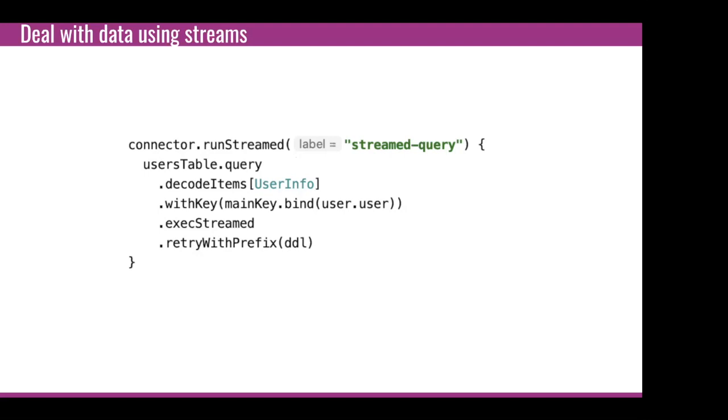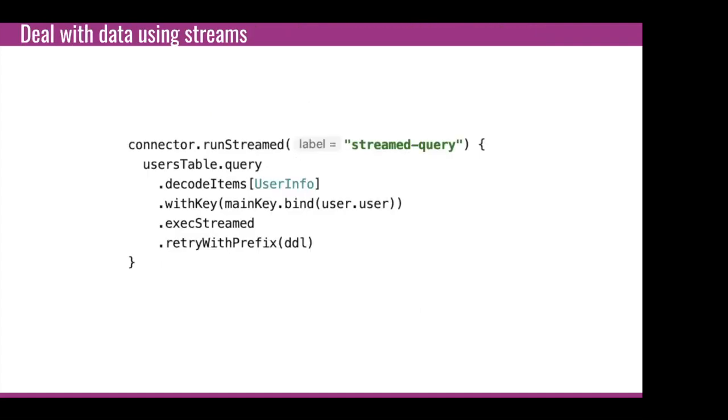We just need to use the corresponding runStreamed function of Connector. And while building the query, you need to use execStream to specify that it needs to be executed in a streamed fashion.